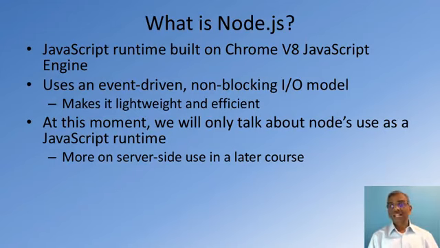Node.js is built around an event-driven non-blocking I/O model, which makes it very efficient to run JavaScript programs on the desktop. Asynchronous JavaScript on the desktop. Now, this is where Node finds its true power.